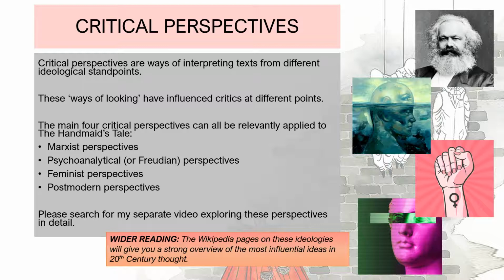These, I guess, are the key philosophical, scientific changes in ideology that affected the 20th century. These are ways of looking. Critical perspectives offer us these ways of looking at texts, and if you go on to study literature at university, you'll understand that people's ideological basis for looking at a text will influence the aspects of the text that they choose to interpret.